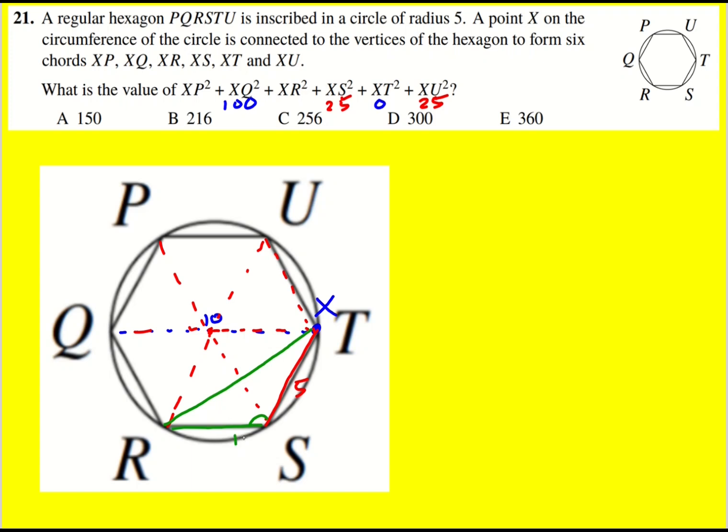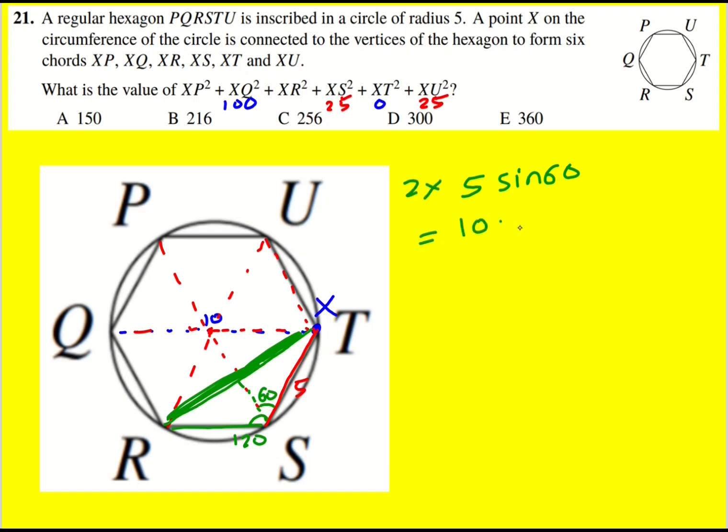So if I've got 120 degrees in a regular hexagon, so if I split it into two, then this angle here would be 60. So I could say that this length here is going to be 5 sine 60. And then if I want the double the length, I'm just going to times it by 2.